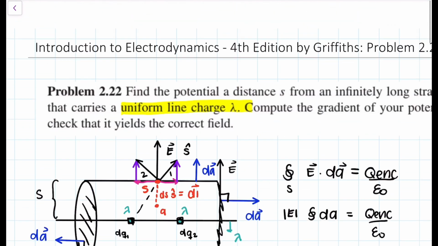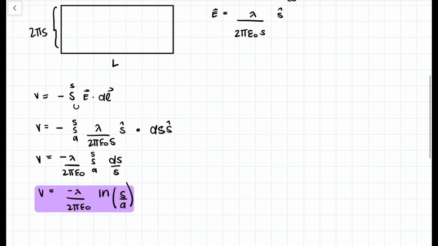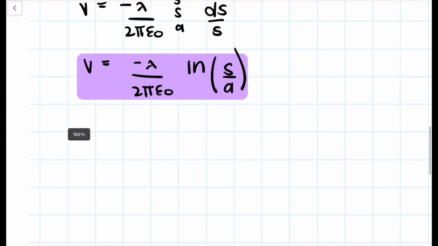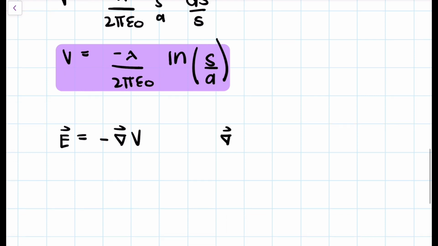Now we need to compute the gradient of this potential to double check that we found the correct field. This is the relationship between the electric potential and the electric field. The del operator in cylindrical coordinates looks like this.